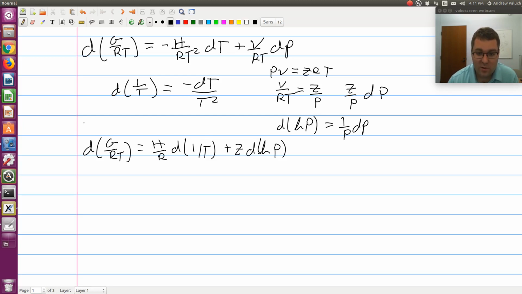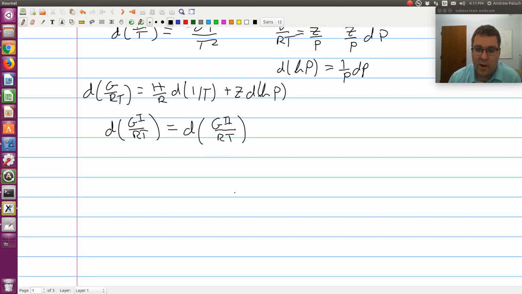As a starting point then, for my two phases of coexistence, phase 1 and phase 2, it must be that the differential of the molar Gibbs free energy in phase 1 over RT, and I'm just going to write it as T because the temperature in the two phases is the same, is equal to, and well, the molar Gibbs free energies are the same too, but I'm going to put that up there so that when I plug in my relevant expressions I know what I'm plugging in, the differential of the dimensionless molar Gibbs free energy of phase 2.